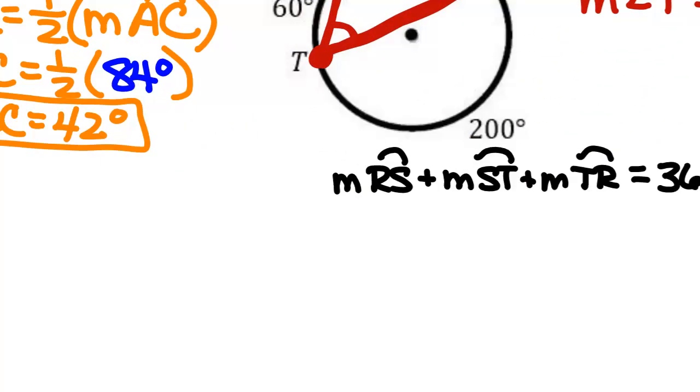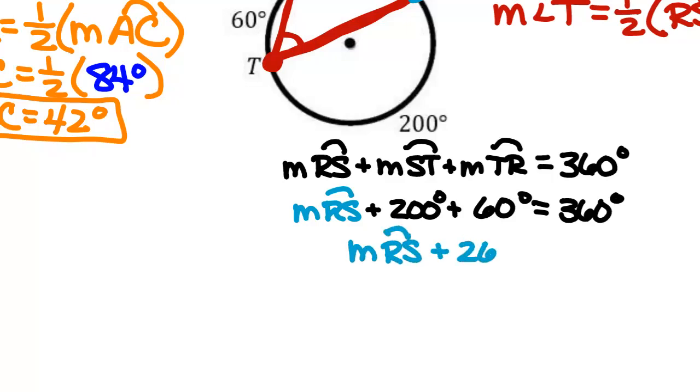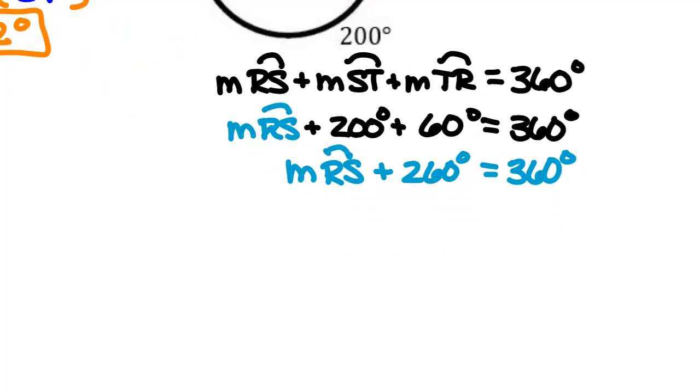We don't know how big RS is, so I'm just going to leave that measurement of RS. Do we know how big ST is? 200 degrees. What about TR? 60 degrees. So I have the measurement of arc RS plus 260 degrees equals 360 degrees. So how big is arc RS? 100 degrees.